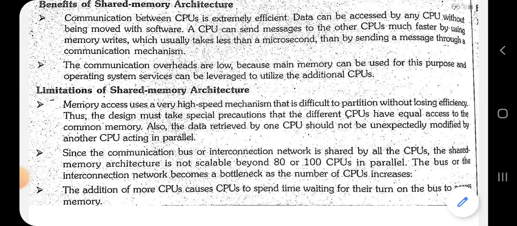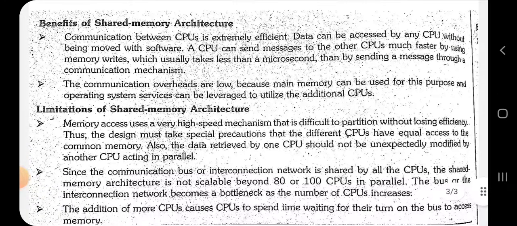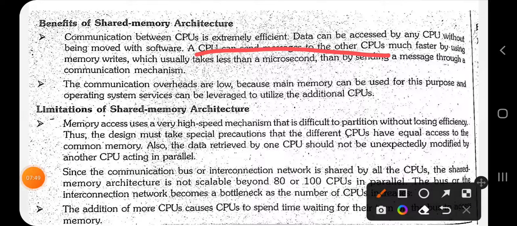The communication within the CPUs happens by sending and receiving messages through the network, and it is much faster using memory writes, which usually take less than microseconds. To send and receive messages they take less time, and communication overhead is decreased in this case.